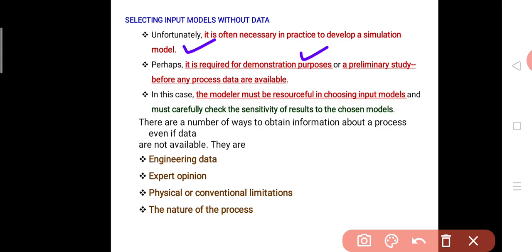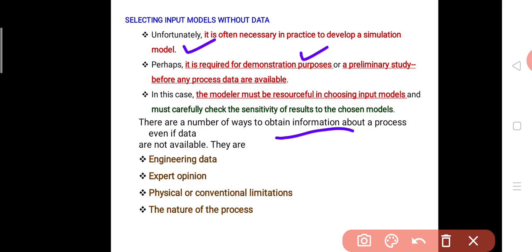So, when the data is not available, when the process itself is not available, suppose the modeler requires it for demonstration purposes or for some preliminary study, then he can obtain data or build an input model in different ways. There are a number of ways to obtain information about a process even if the data is not available.